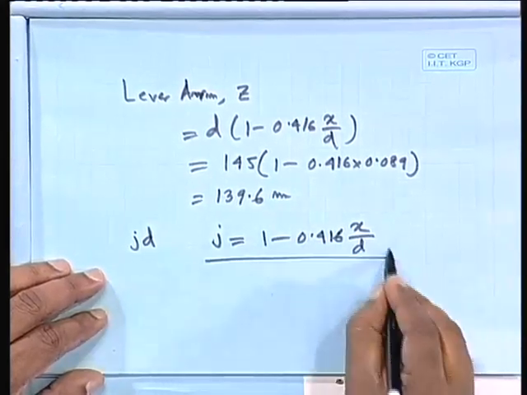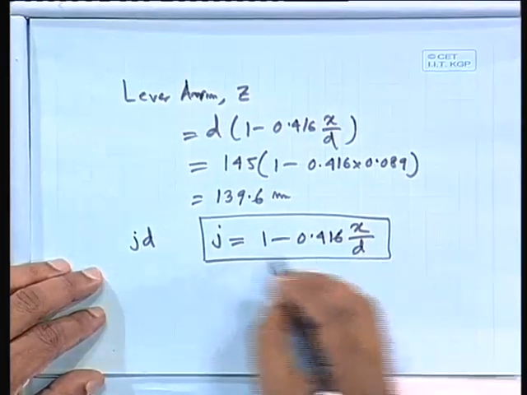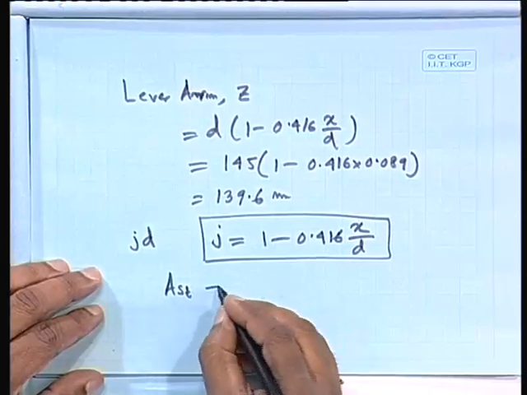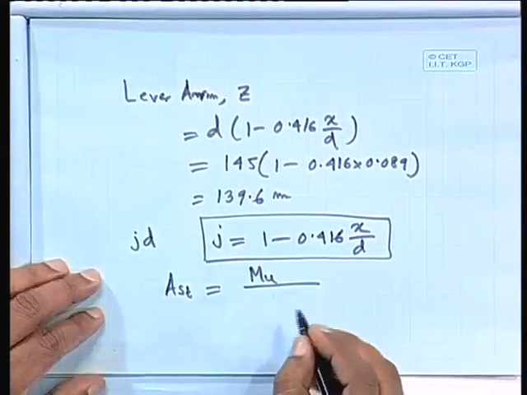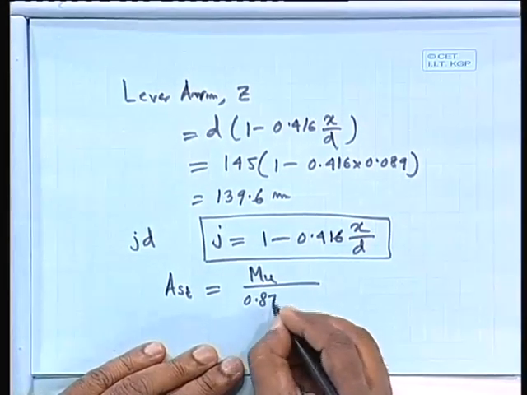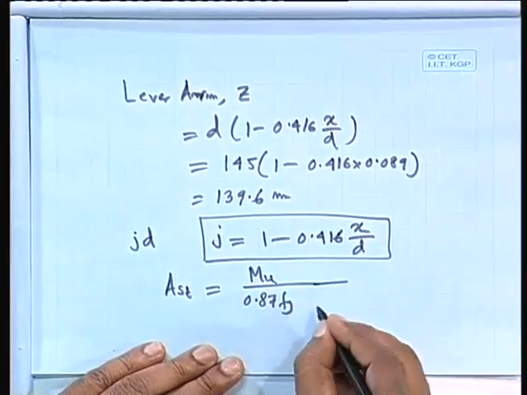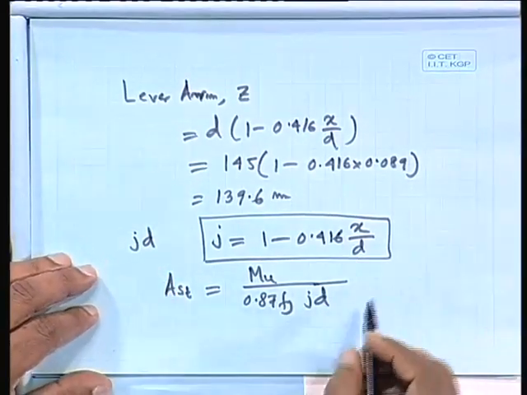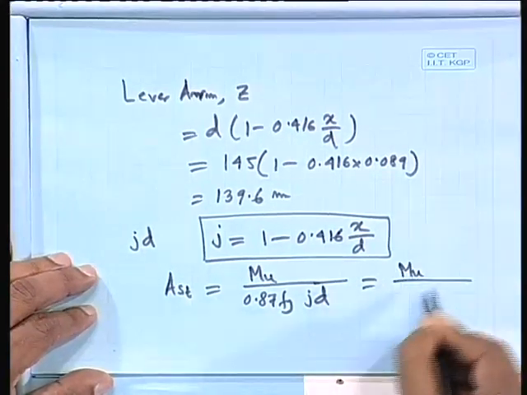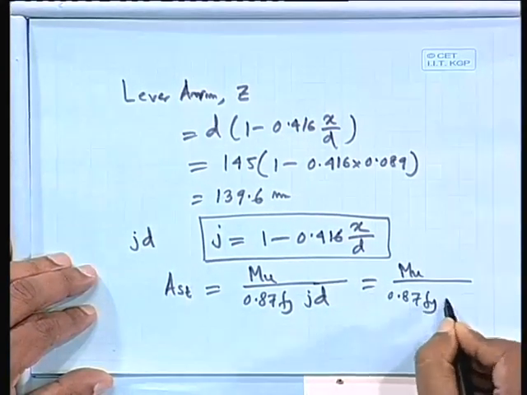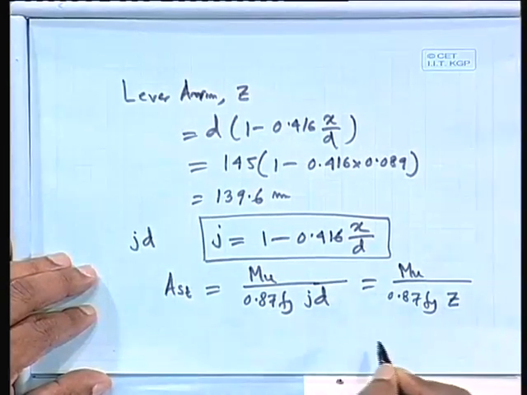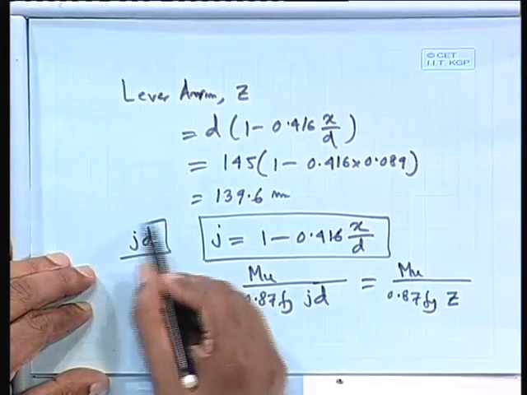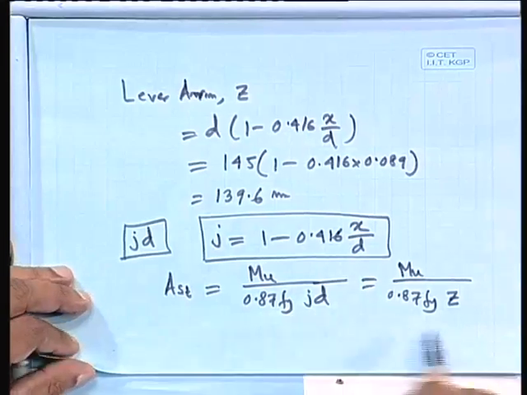In a similar fashion I can write the equation as AST equal to Mu by 0.87 Fy, that is the stress, times JD. JD is nothing but the lever arm, or in our case Mu by 0.87 Fy times Z. So, this is the stress times the lever arm. The same thing we have used in the working stress method, and we can write it here also.